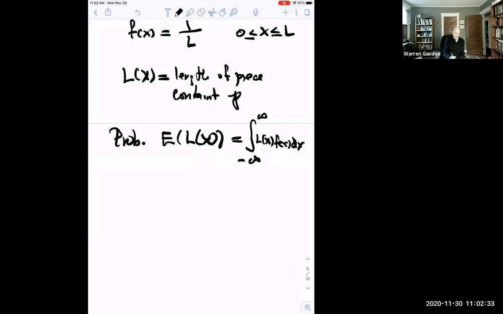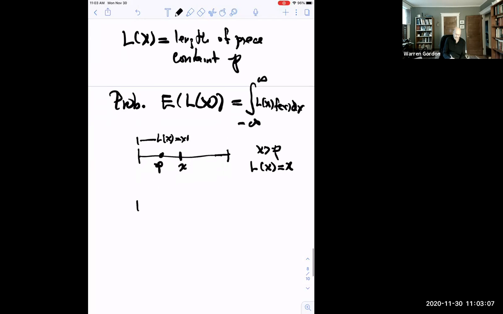So what could happen? I want to show you there are two cases. So here's my length of rope. And let's suppose I cut it here. And this is the point P. So in this case, the length L of x is equal to x. So if x is to the right of P, L of x is just equal to x.